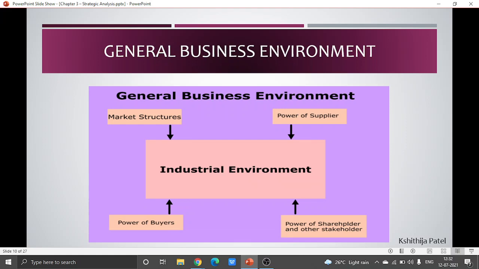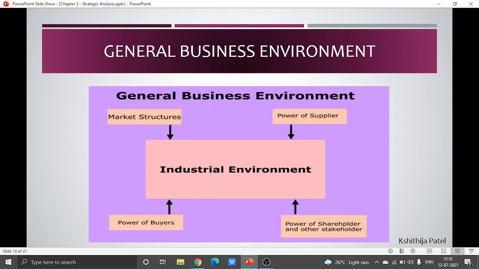And one more factor is the number of organizations which offer a close substitute. Competition may not come only from the same products, but also from substitute products targeting the same needs of consumers.